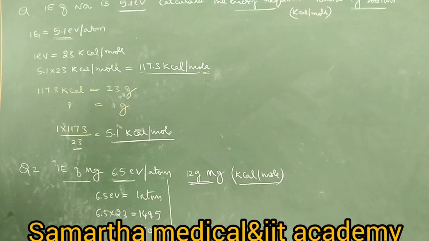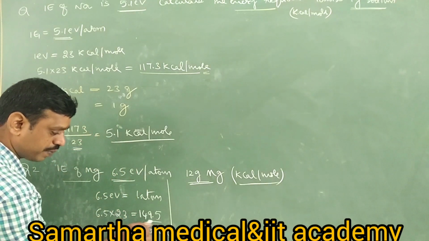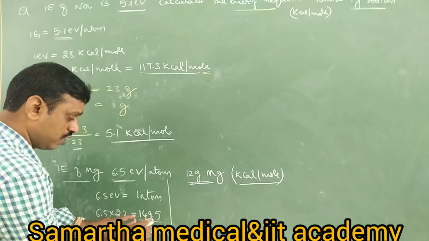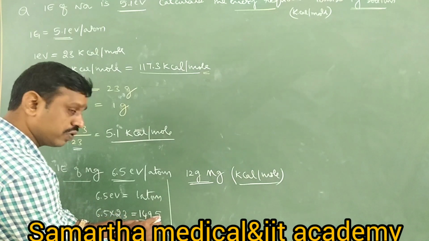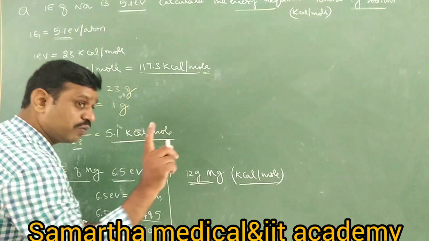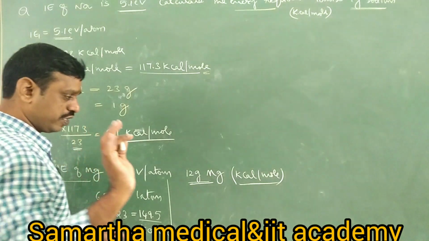Now you need to understand 149.5 kilocalories per mole. What is the meaning of this? This much energy per 1 mole, that is for 24 gram. Students, listen carefully.